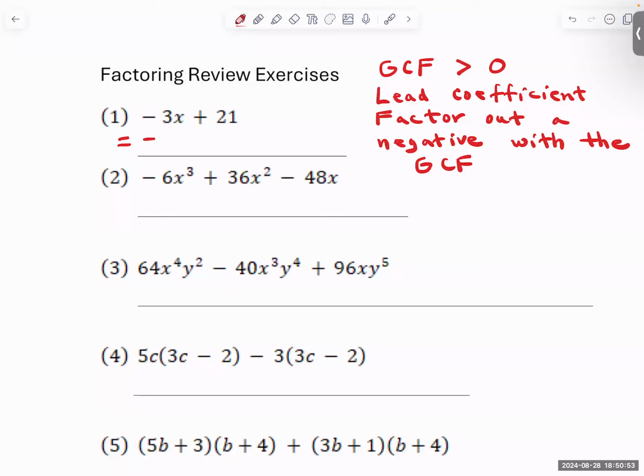So equals negative 3 times x minus 7, and negative 3 times negative 7 will give plus 21. So check it by multiplying.